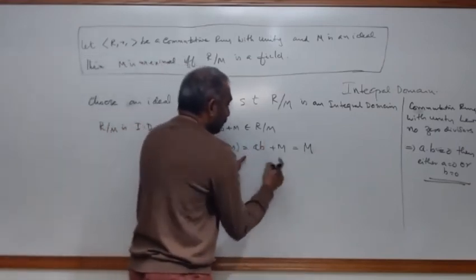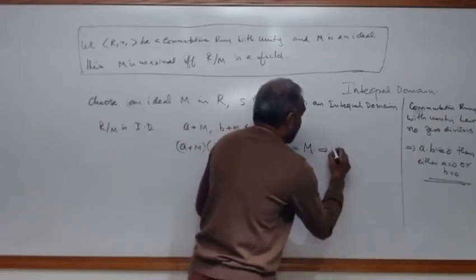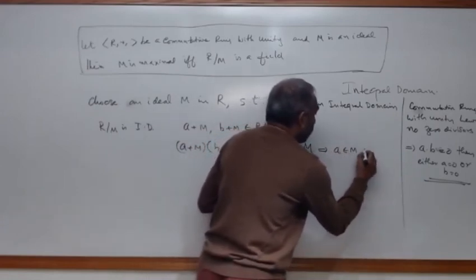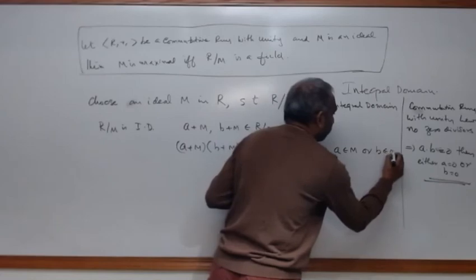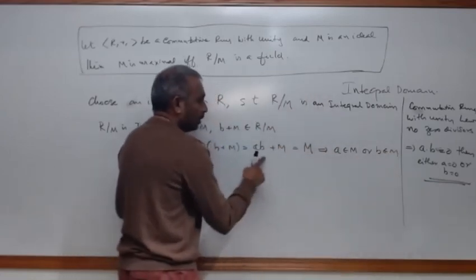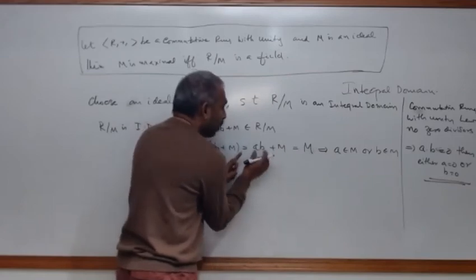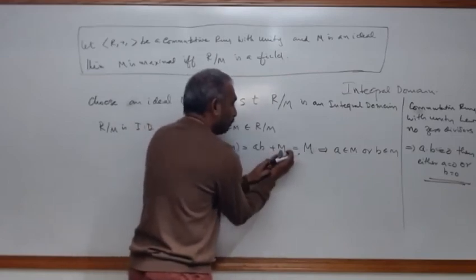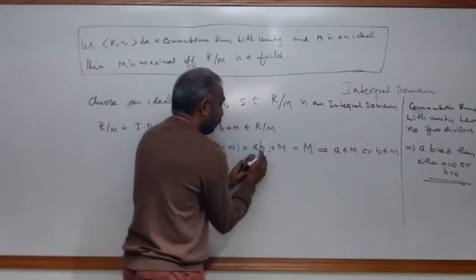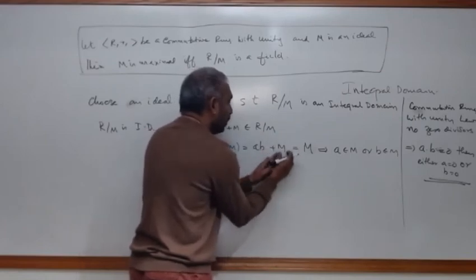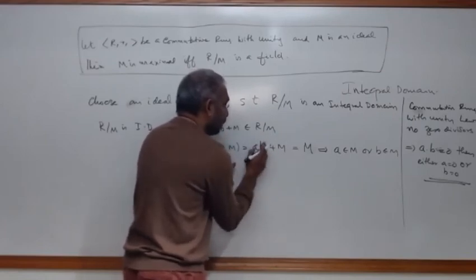If this is equal to 0, then that implies either A belongs to M or B belongs to M. If A belongs to M, then the whole thing belongs to M. If B belongs to M, the whole thing belongs to M. So this is an element in M. So it will become M.